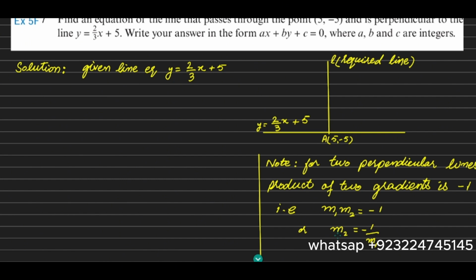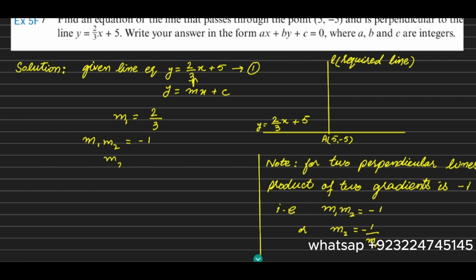When we compare the equation with y equals mx plus c, we can see this is the gradient of the given line. Suppose this is m1. m1 is the gradient of the given line and m2 is the gradient of the required line.